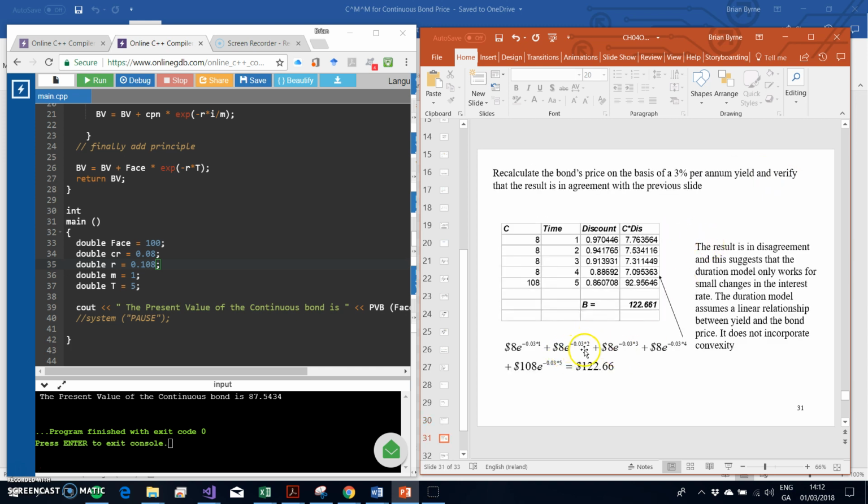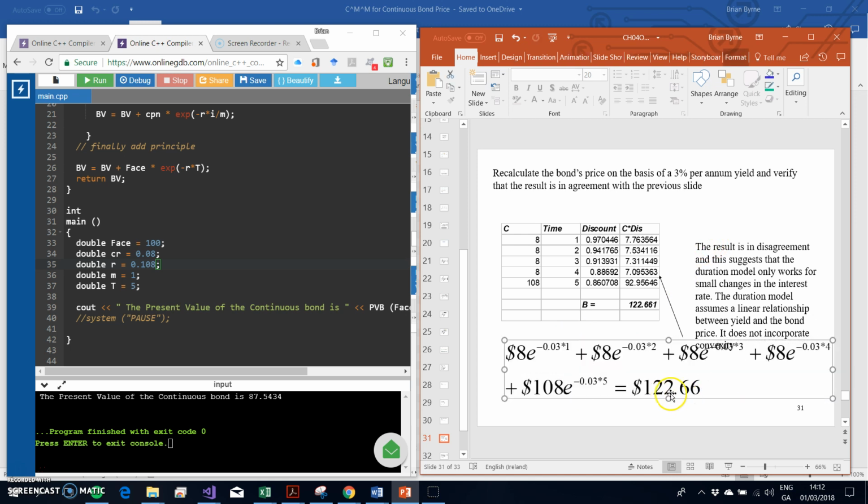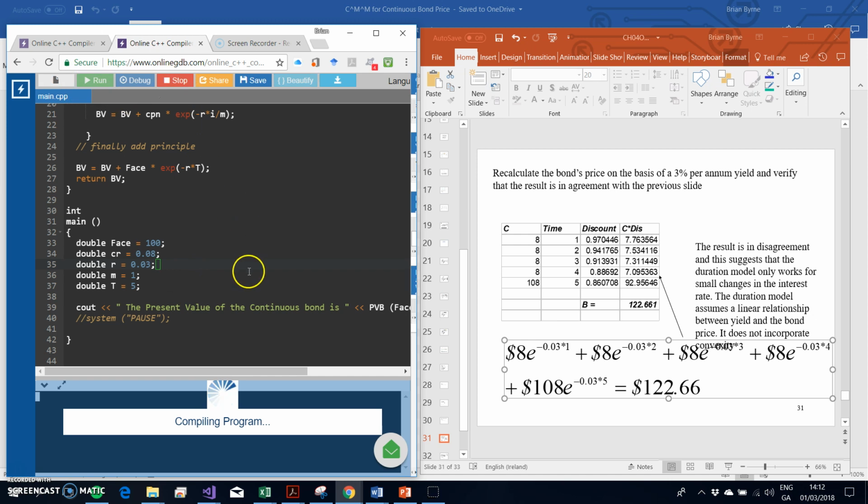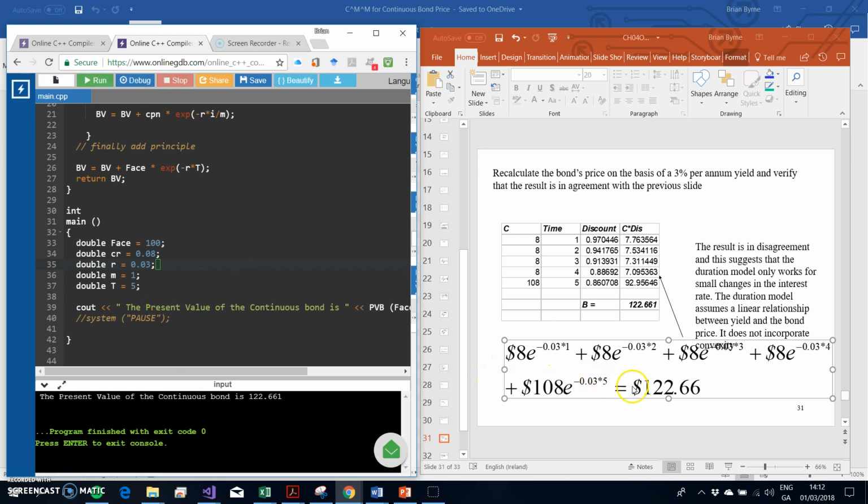That would bring the bond price up to 122. So in other words, we change the interest rate, rerun, and the value we obtain should be consistent with 122.66.